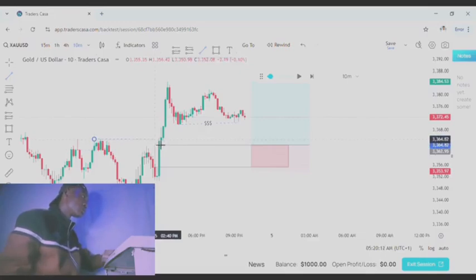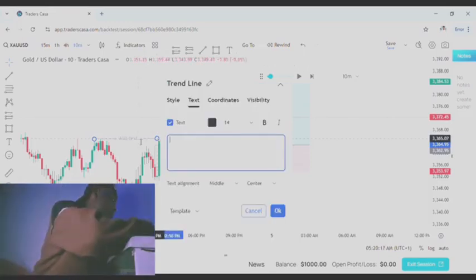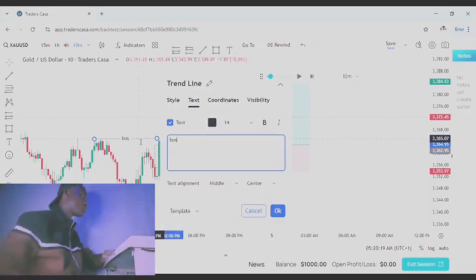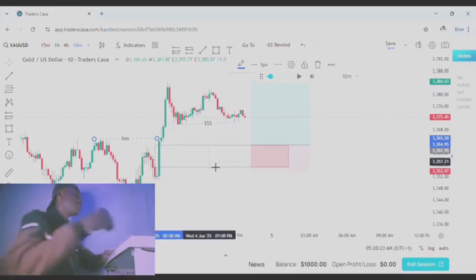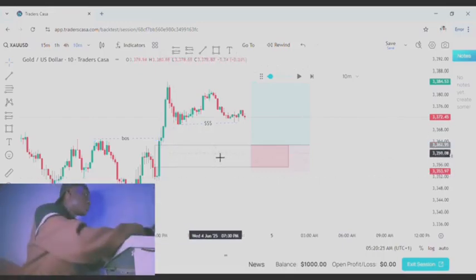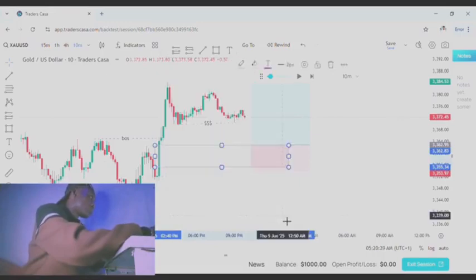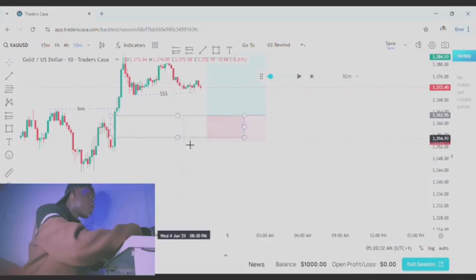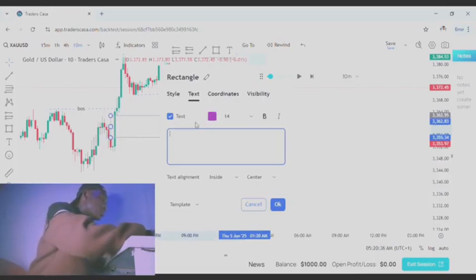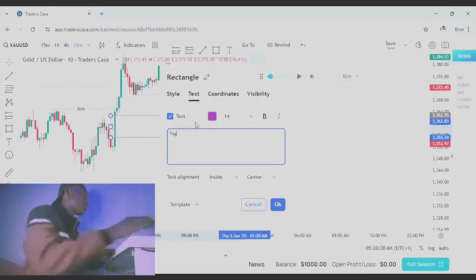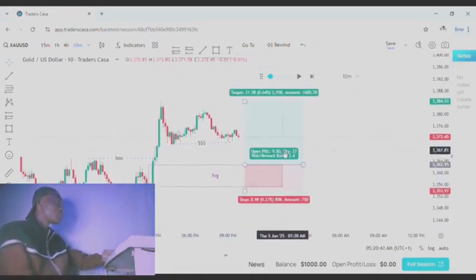This is the BOS. Then here is our FVG. So we place our trade right here.